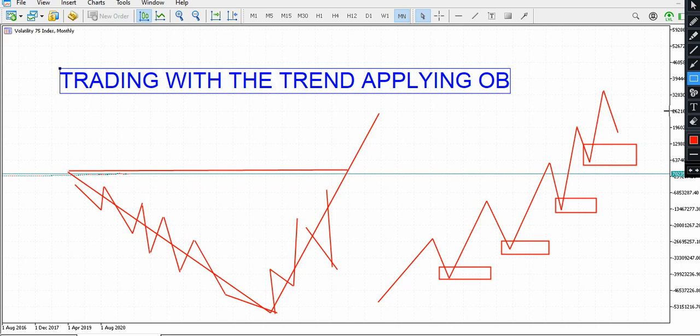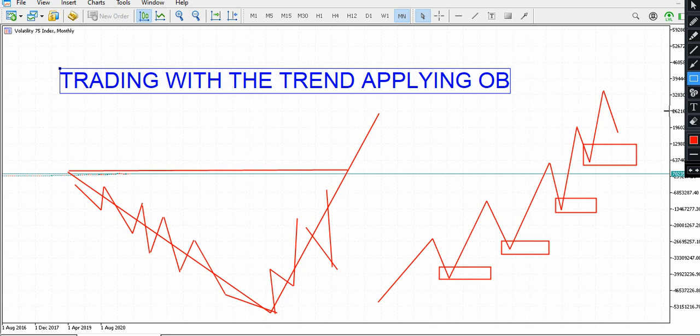Number two, I said determine the market trend, whether you are on a bullish move or a bearish move. Number three, immediately after the break of market structure, it's where you have to highlight or show your order blocks.